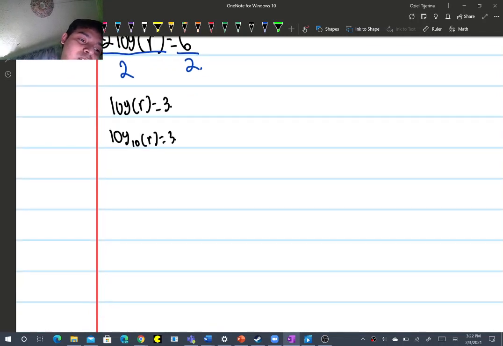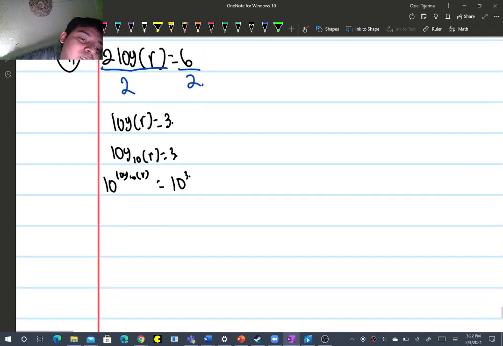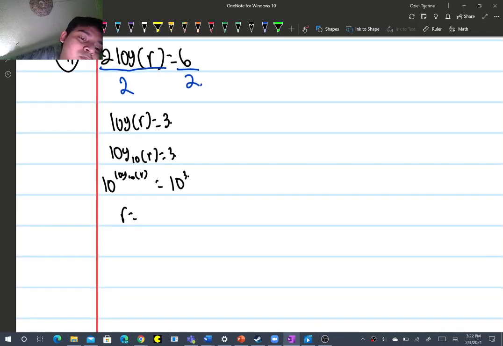So that means that we have 10 to the log base 10 of r is 10 cubed. So then we can say r equals 10 to the 3rd power, which is 1000. Okay.